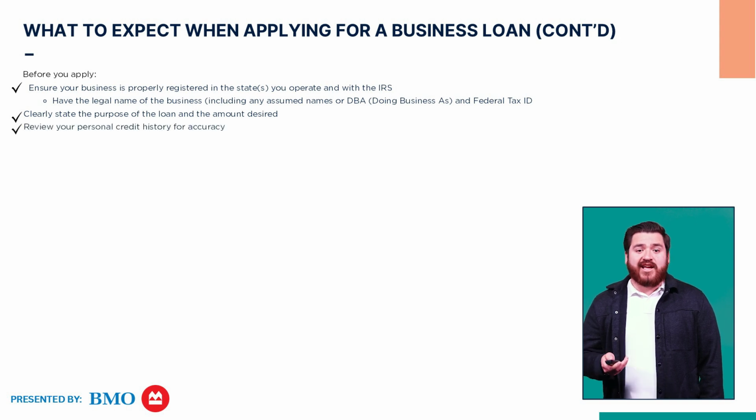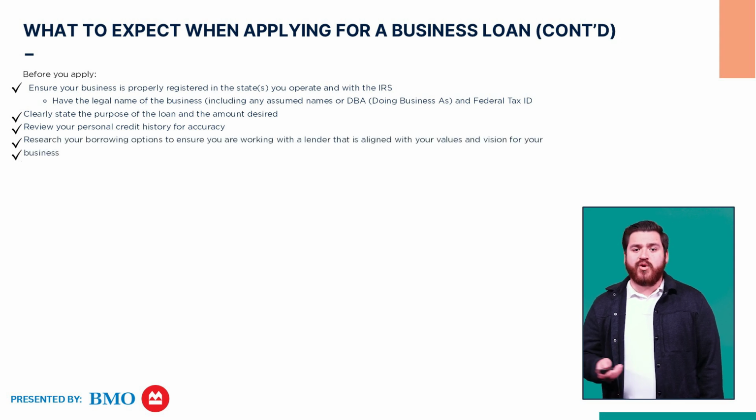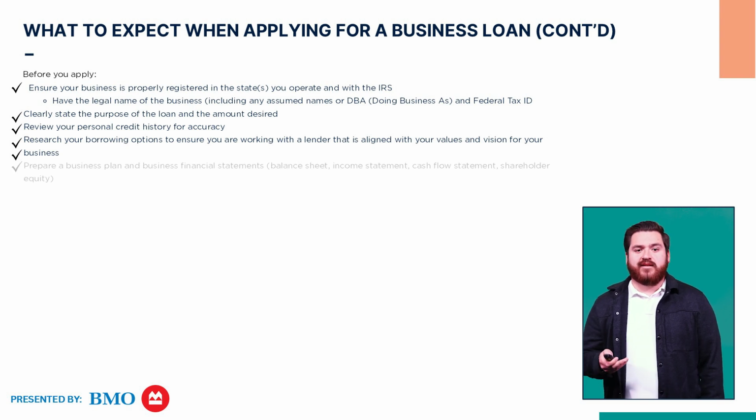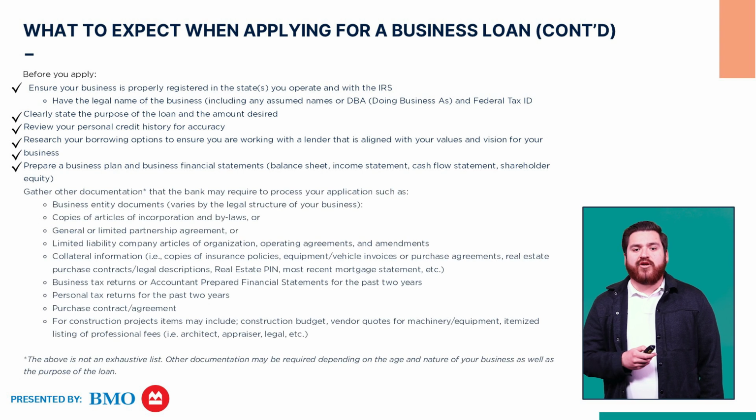I would also highly encourage you to review your personal credit report to ensure that it is accurate and up to date. You also want to research your borrowing options to ensure that you are making the right choice for you and your business. Make sure you have updated financial statements and a business plan prepared. And lastly, gather all documents that the lender may require for the loan application.